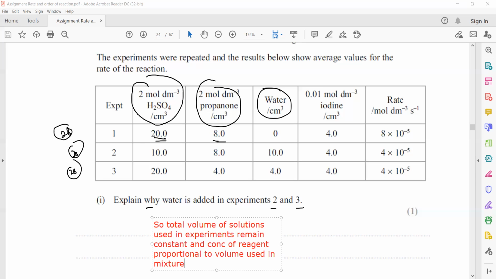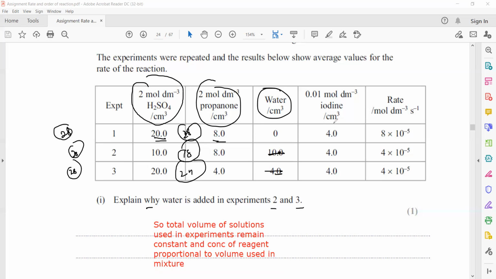Is it clear? Yes, sir. So basically what we did, we made the total volume the same. Otherwise, without water, this total volume will be 18, this one will be 24, and this will be 28. So the three solutions in the experiments will have different volumes, and we cannot identify the actual effect of the change in concentration on the rate.